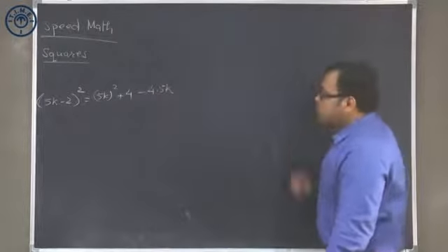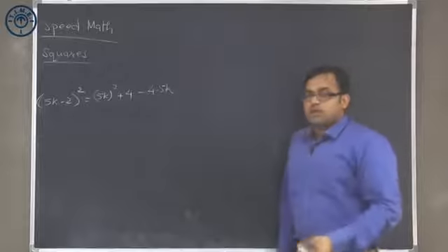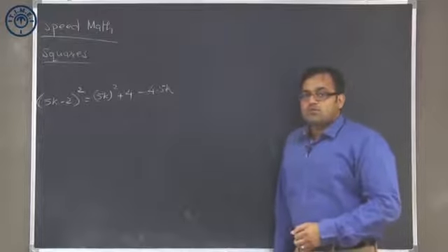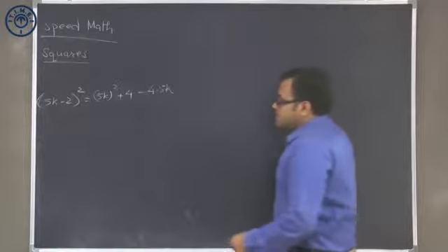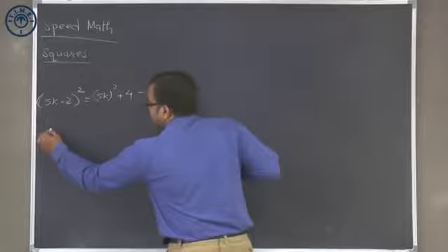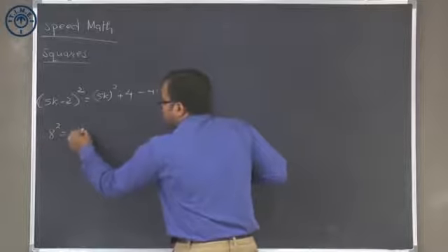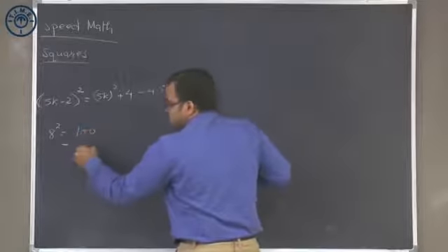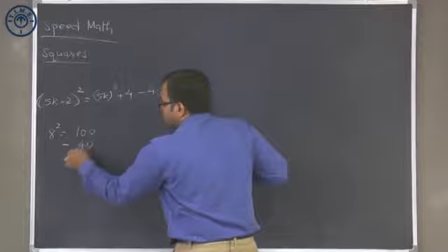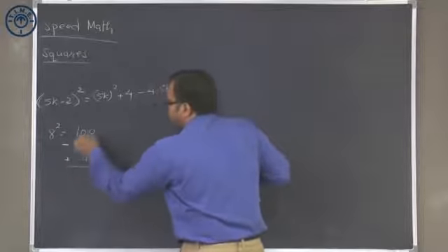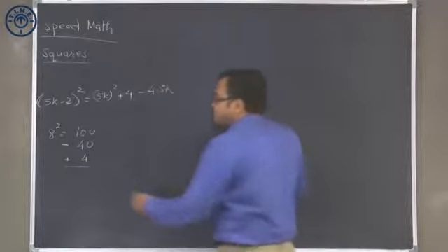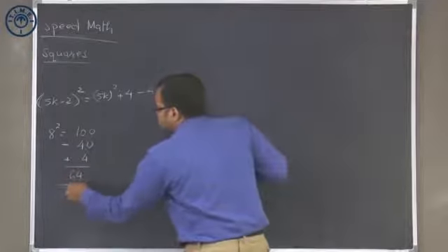So with this you would be able to find the squares of any number which is of the form 5k minus 2. Let us say I have to calculate 8 square. 8 square will be 10 square, 100, minus 10 into 4, 40, plus 4. 100 minus 40 is 60, 60 plus 4 is 64.